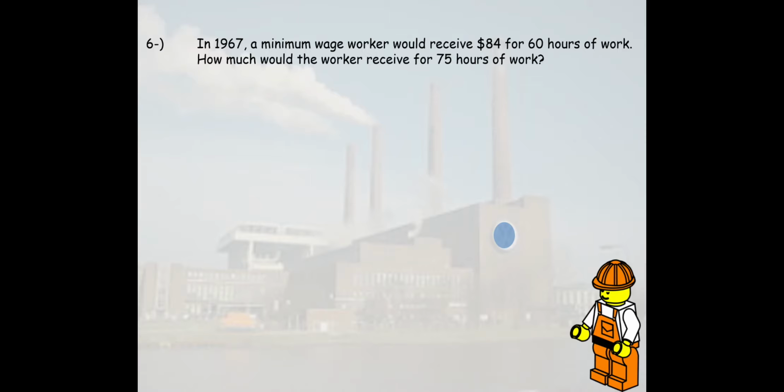Okay. Number 6. In 1967, a minimum wage worker would receive $84 for 60 hours of work. How much would the worker receive for 75 hours of work? So here again, we're going to solve using proportion. So we're going to multiply 60 hours by n dollars, which is the unknown, and 75 hours by $84.